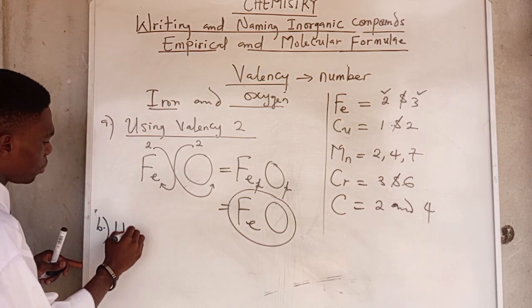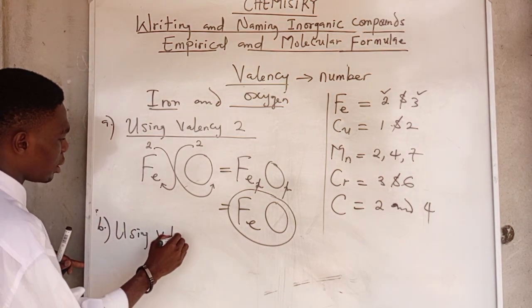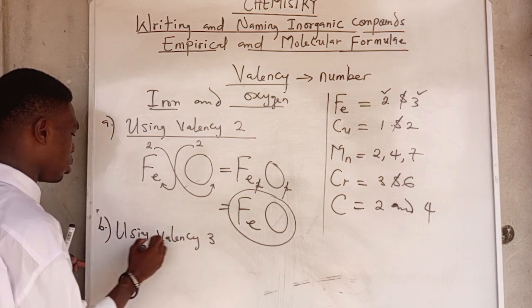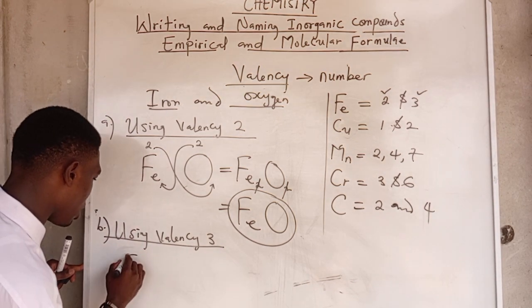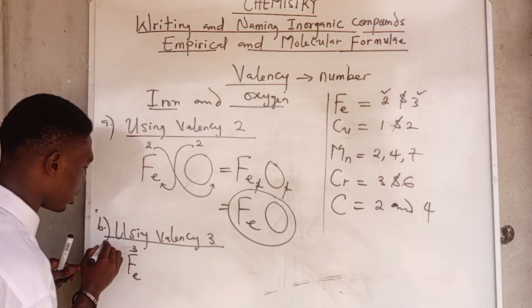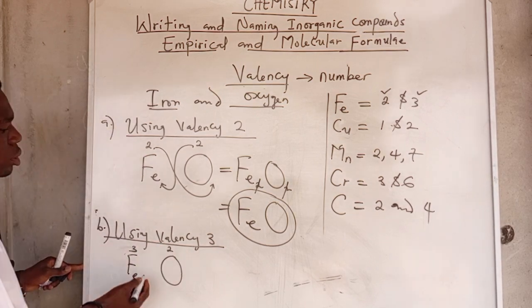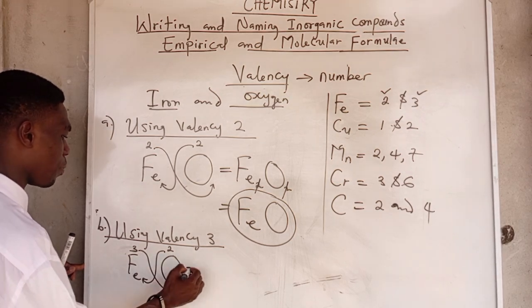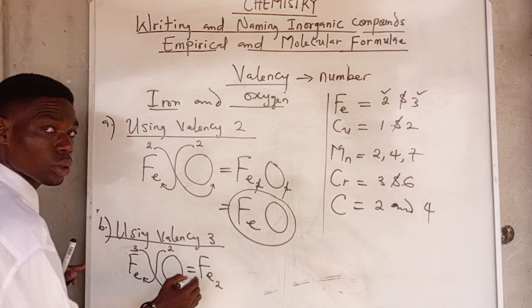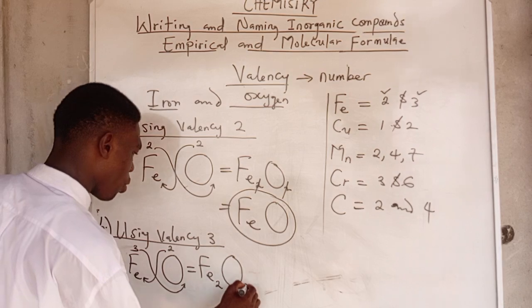B, using valency 3. Now, using valency 3, we have Fe, then we use 3, and then O, oxygen. Also interchange the valencies to give the subscripts. Are we together? So you have Fe2, right? And then O3.